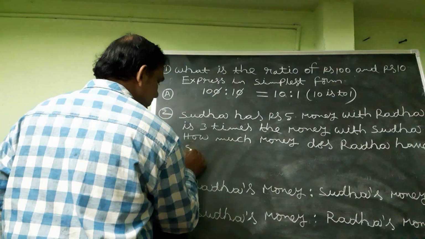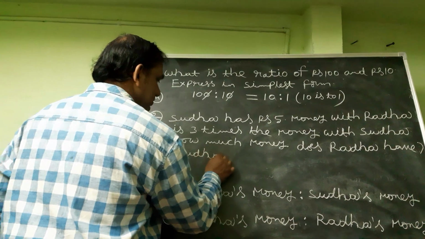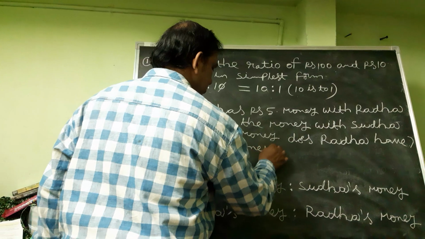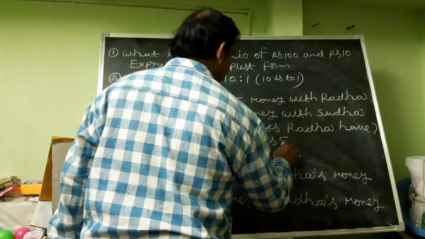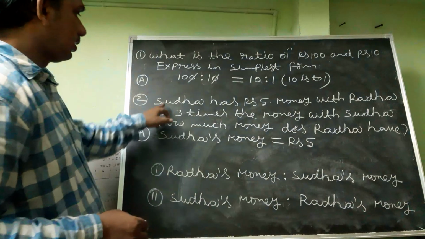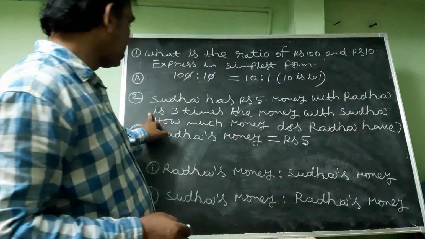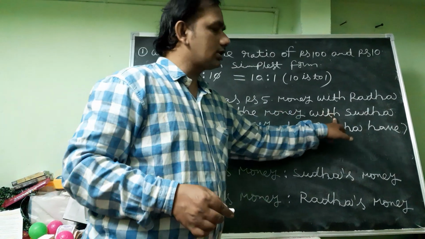So Sudha's money equal to 5 rupees. And Radha has 3 times the money with Sudha.